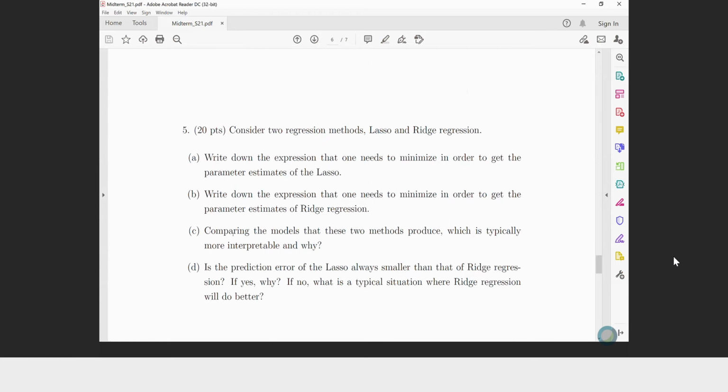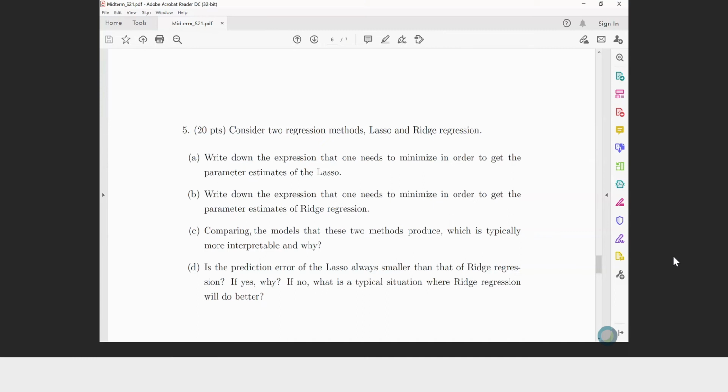We know ridge regression cannot do variable selection. If you include 100 predictors in the model, the final model still has those 100 predictors. If you include 1,000 predictors, the final model still has 1,000 predictors. So ridge regression is less interpretable.